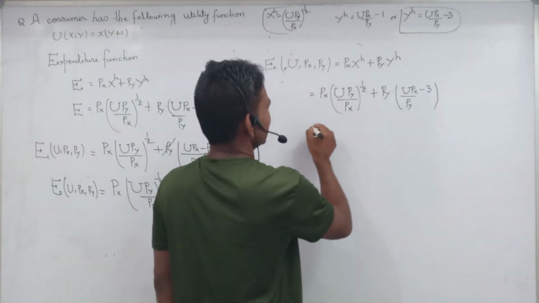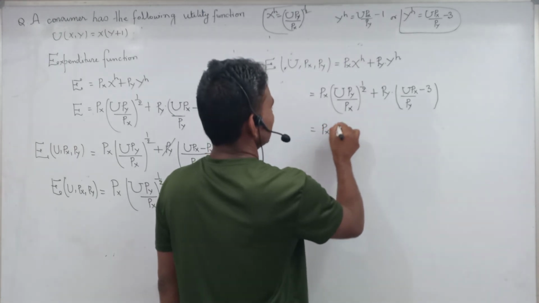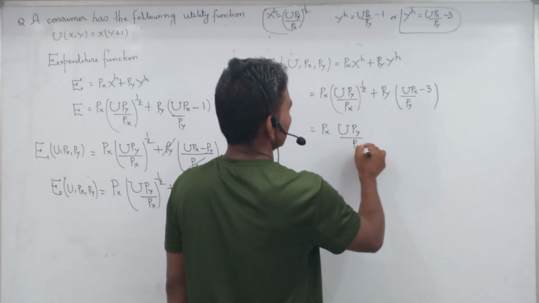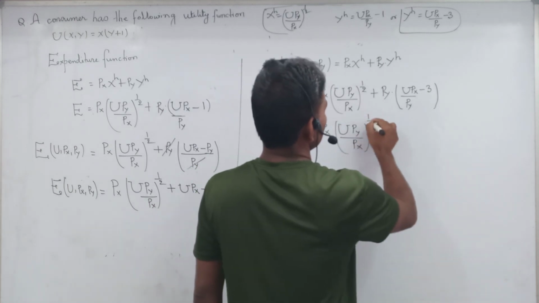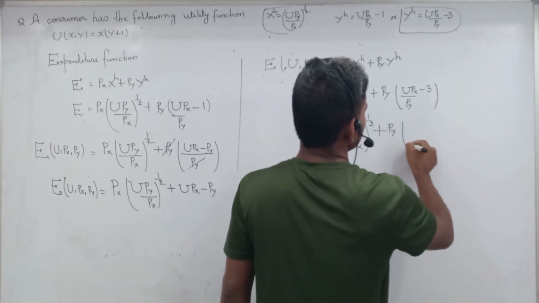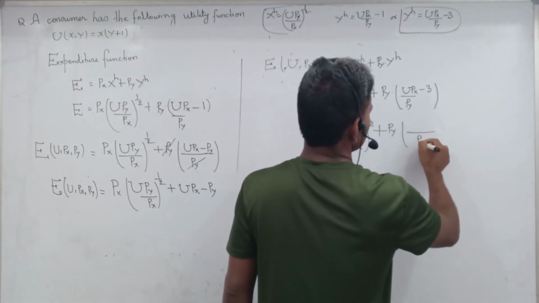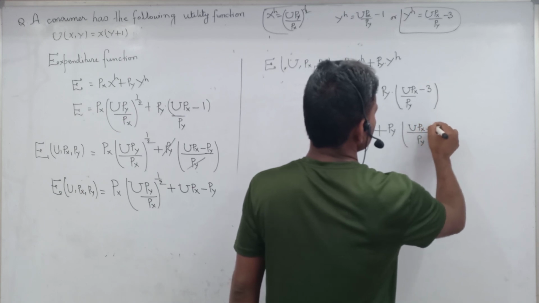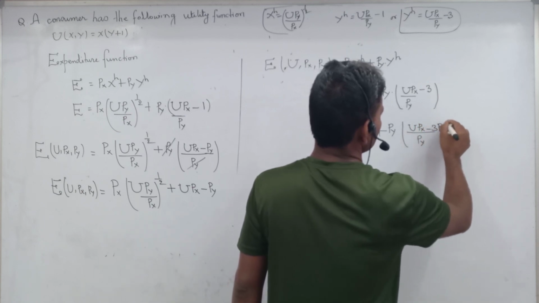First take the LCM here. Price of x times u price of y by price of x whole power 1 by 2, plus price of y. Taking the LCM, we get price of y times u times price of x minus 3 times price of y.